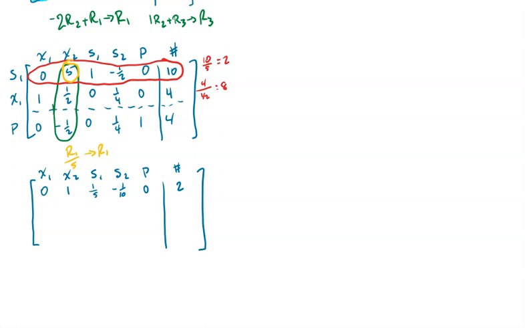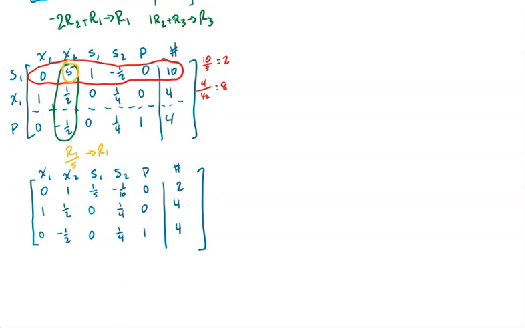For the second and third rows, they're not changing at all. So 1, 1/2, 0, 1/4, 0, 4, and 0, negative 1/2, 0, 1/4, 1, 4.